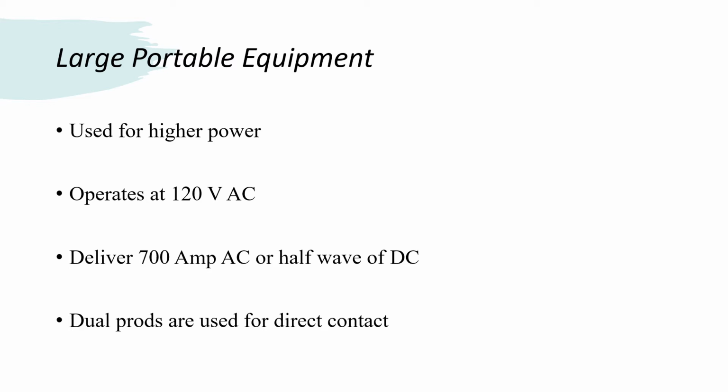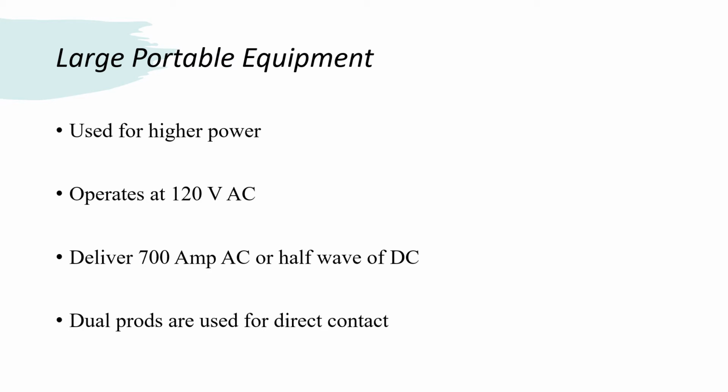Large units with output up to 6000 amperes, delivering either AC or half wave DC, are used for testing castings, forgings or weldments where such heavy currents are required.